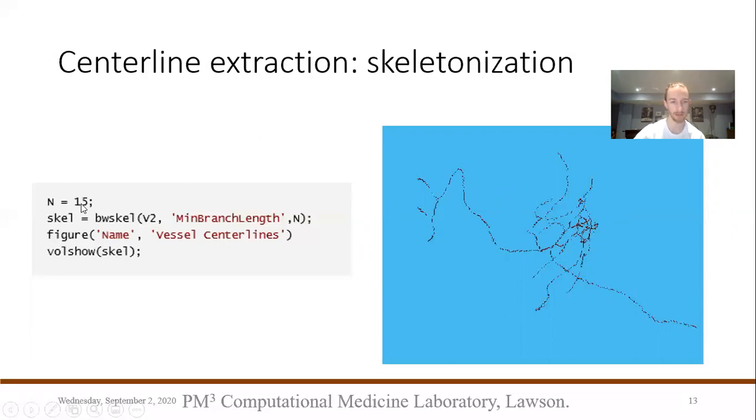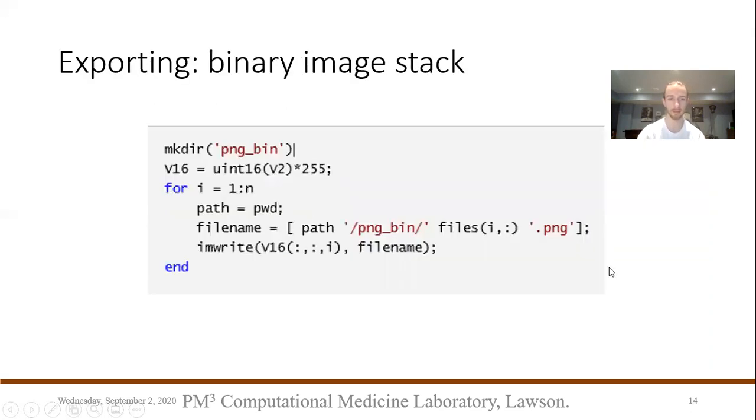I've set mine to 15 voxels. This can change, obviously, depending on your image resolution and your specific geometries. I've set mine to 15 and it worked quite well. And as you can see, the center line of the image is displayed in this picture here. And so that's what we're going to be exporting.